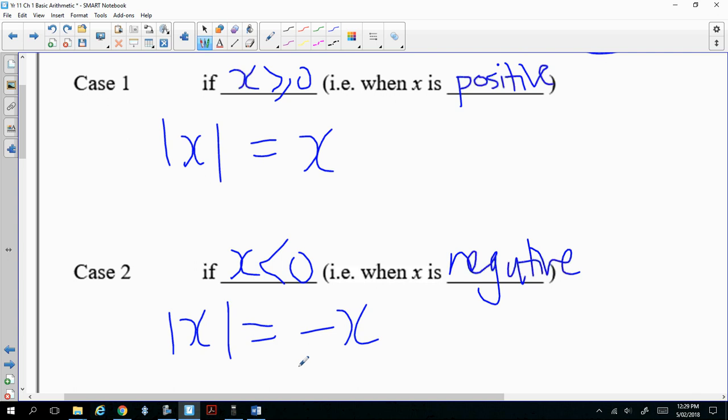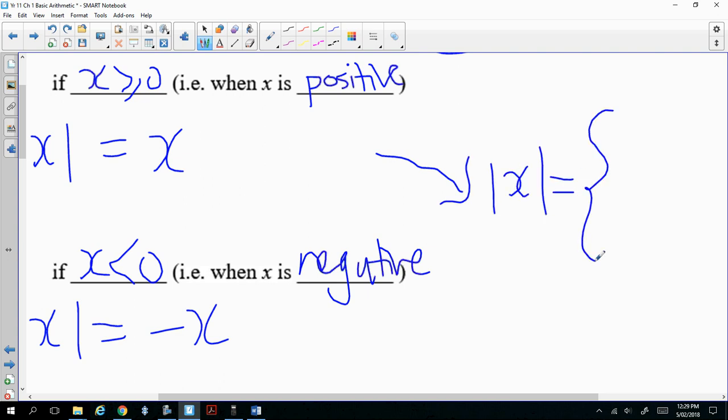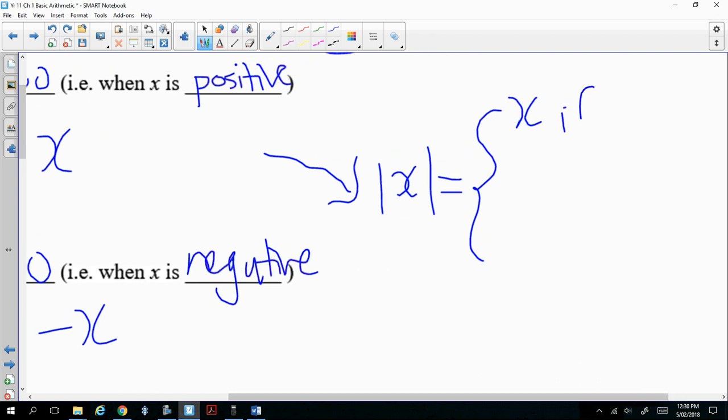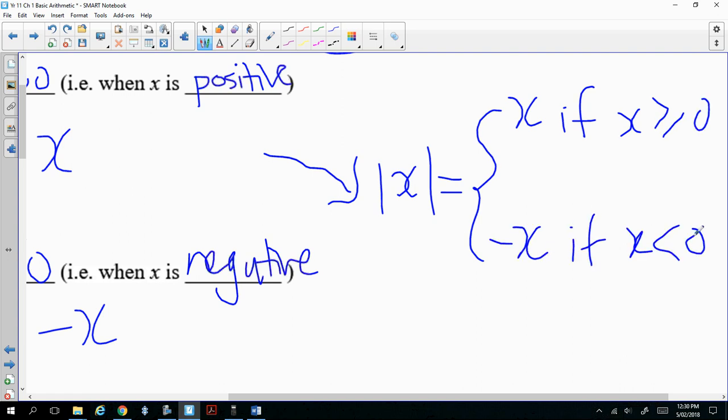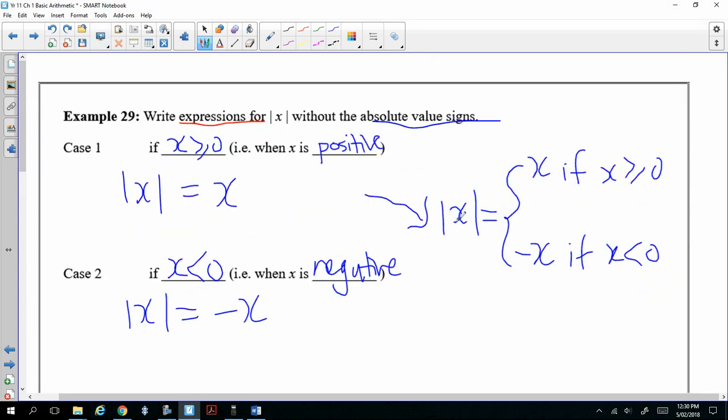Absolute value x equals, curly bracket, x if x is positive, or negative x if x is negative. So that's the definition of absolute value x. Basically a formula. It gives you a formula on how to calculate the absolute value, and it explains when to use which formula, whether to use x or negative x, depending on the value of x.